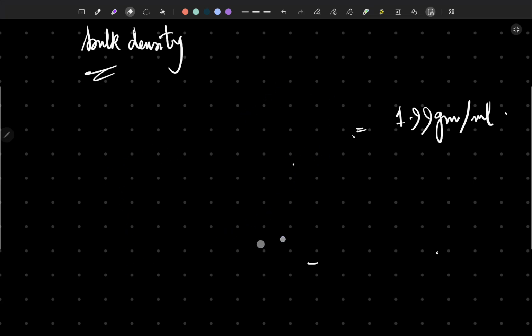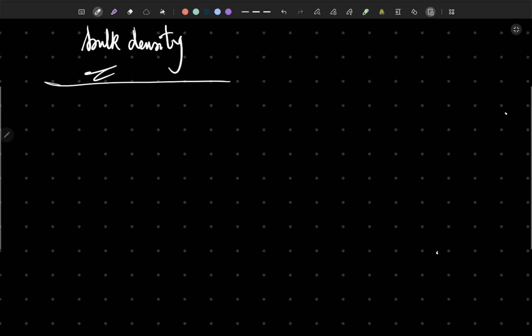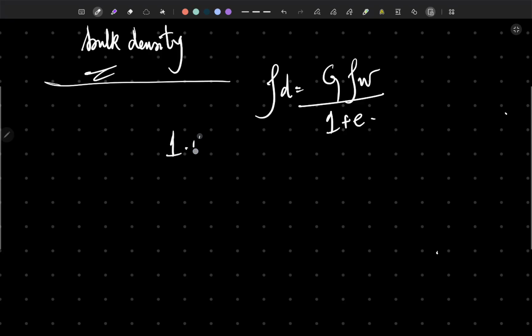For finding the void ratio, we know the expression relating dry density and void ratio: dry density equals G rho W divided by 1 plus e. Dry density we found was 1.686 grams per milliliter.